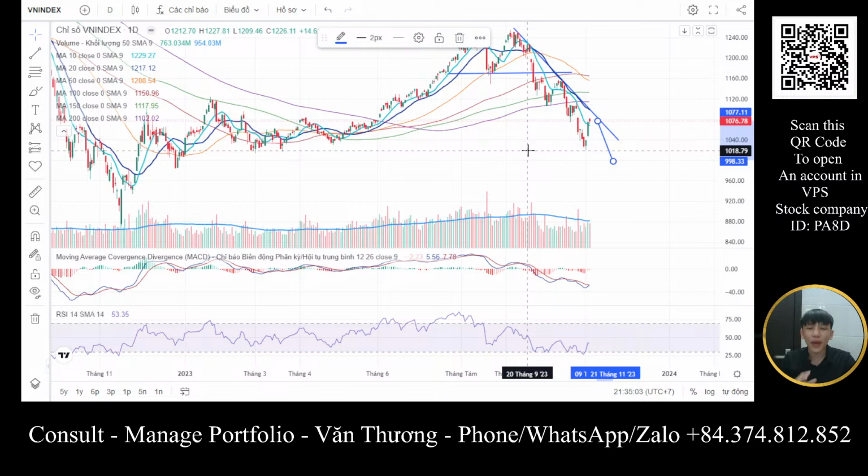Right now Vietnam is developing every day. Vietnam is a developing country, and the stock market is a good place to create wealth, to make a bunch of money.